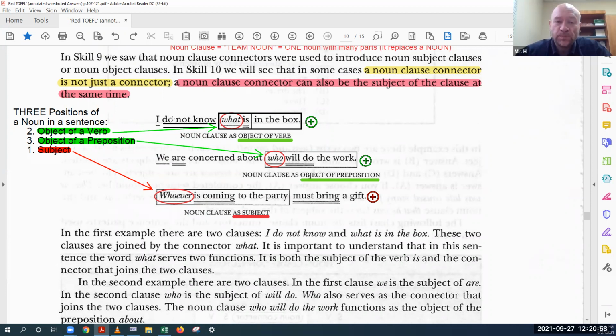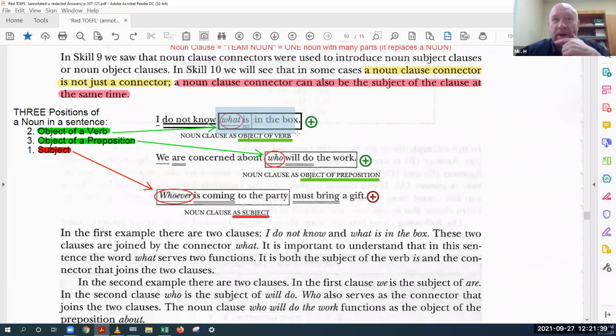And then the first verb. And then a connector. Now, I want you to notice, you see this line? Why is there a line under this connector? It's both a connector and second subject. Bingo. It's both the connector, also the subject. And then the second verb.